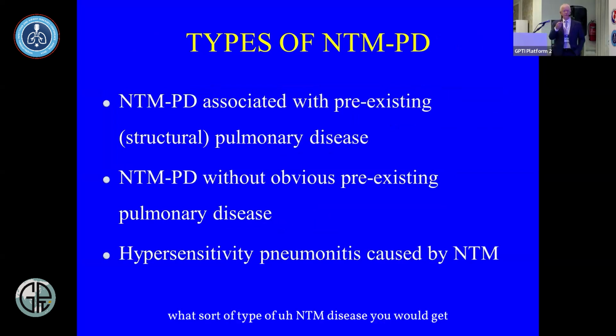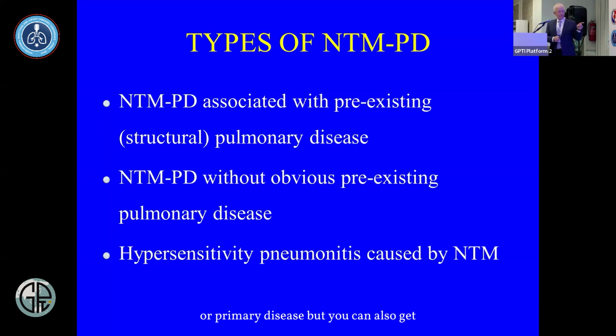So what sort of type of NTM disease would you get? You would get either NTM pulmonary disease associated with pre-existing structural pulmonary disease, the one that we mentioned, or you get an NTM pulmonary disease without an obvious pre-existing disease, like the Lady Windermere syndrome, which is probably not strictly without underlying disease.